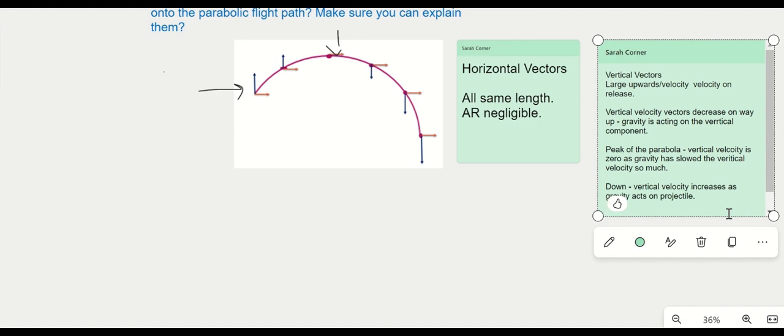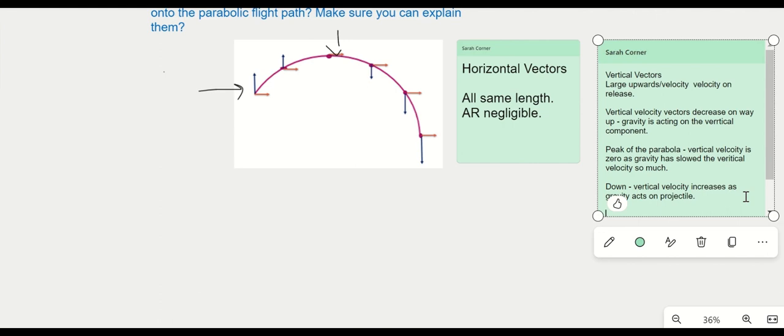You'll notice that if you look at either side, the arrow down is the same length as the opposite arrow up. And this is the reason why we get a symmetrical flight path.